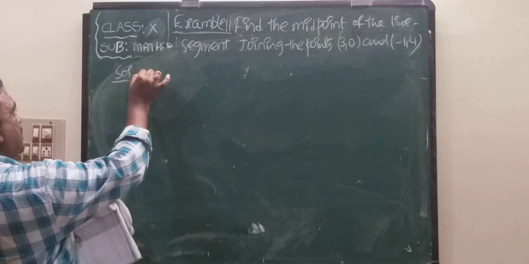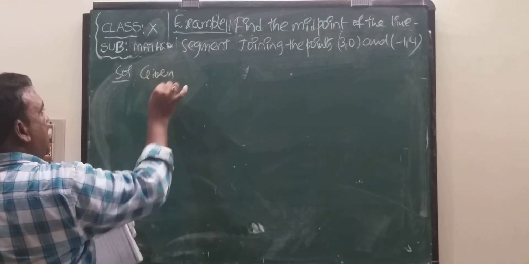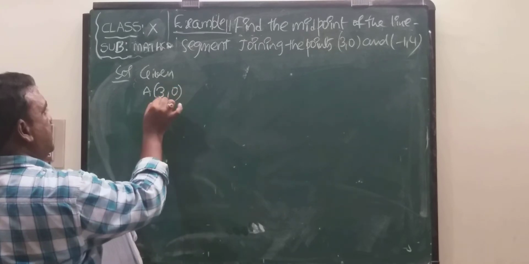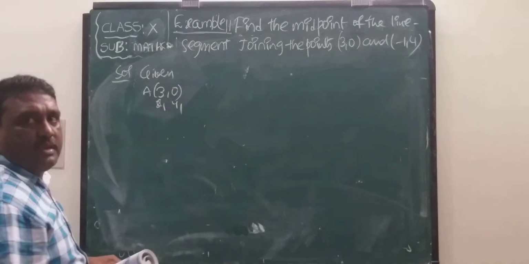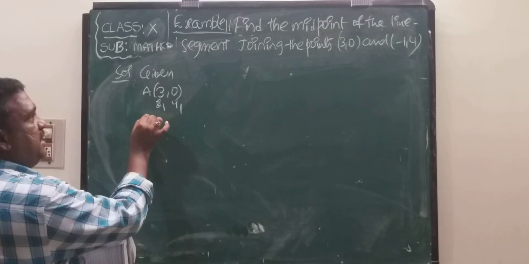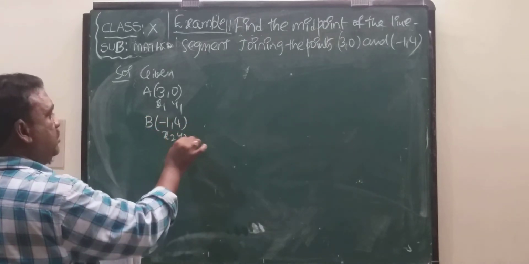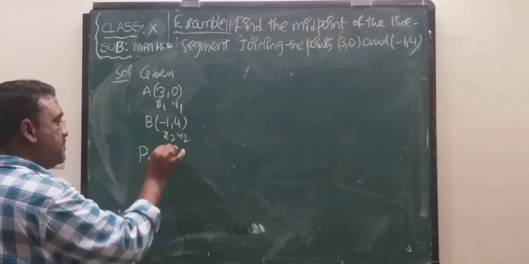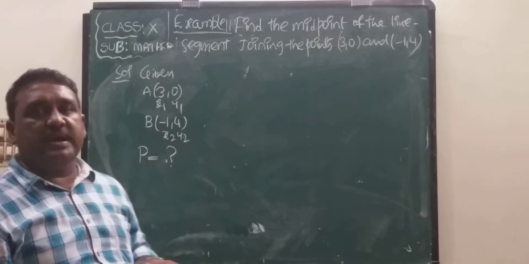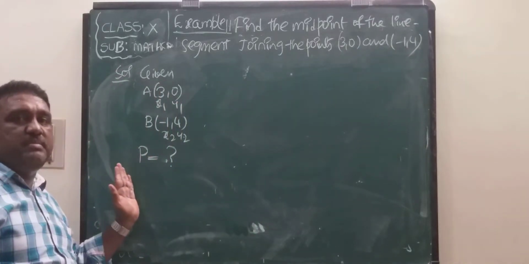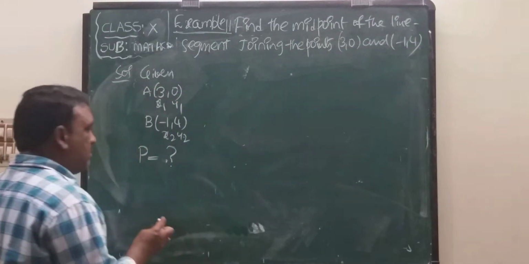Very easy problem. Given, name the first point as A (3, 0), let it be x1 y1. Second point as B (-1, 4), let it be x2 y2. Let P be the midpoint. Then what formula?